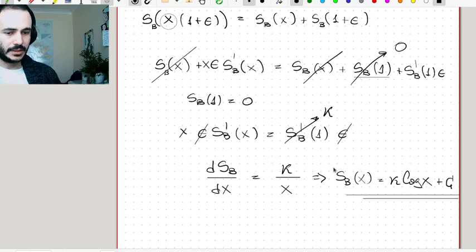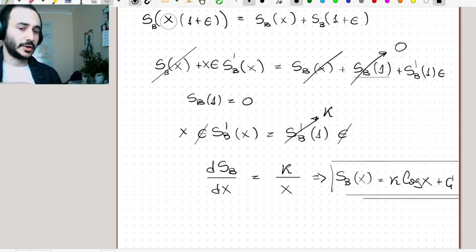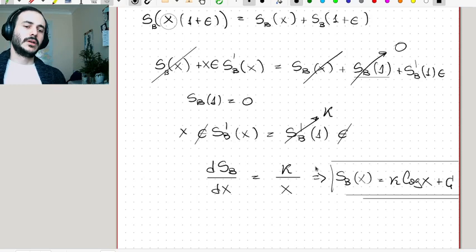Okay, but this is the expression that we need to have if we want entropy to be additive. So that's another very good reason to consider specifically the logarithm and not any other monotonically increasing function.